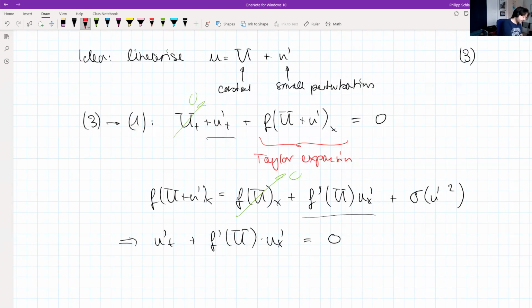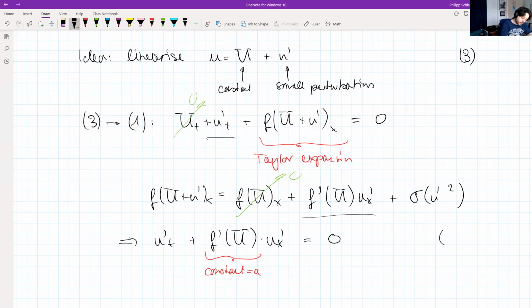And now the beauty of this is that suddenly this factor, the f prime of capital U, because it's the convection speed, but based on the base state, is actually a constant. So I can say that this is a convection speed A, let's say. And with this convection speed of A, I have my fluctuation U prime that develops by means of an advection equation.